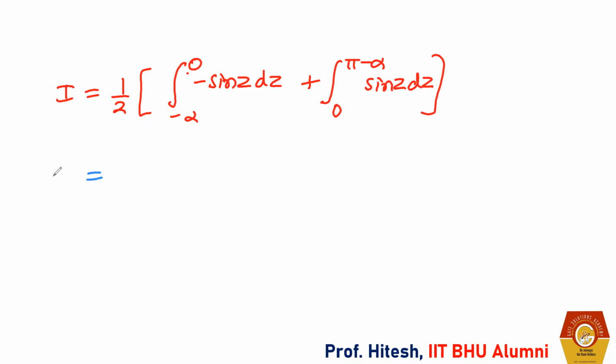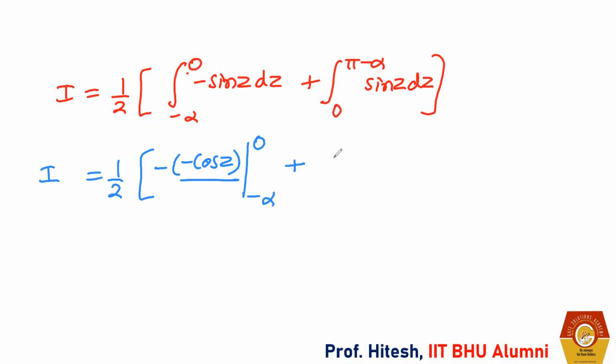So I is equal to 1 upon 2 of cos z with limits minus alpha to 0 plus minus cos z with limit 0 to pi minus alpha.